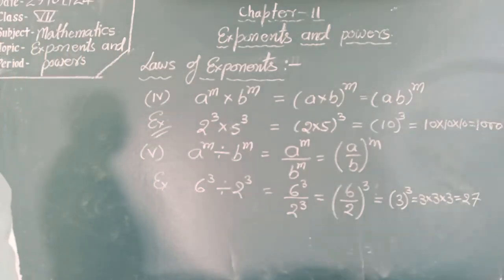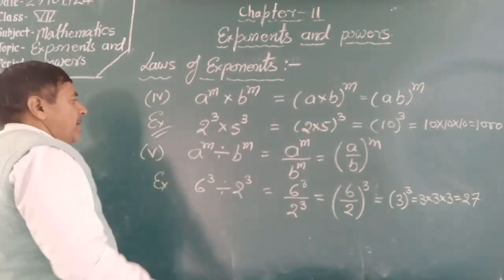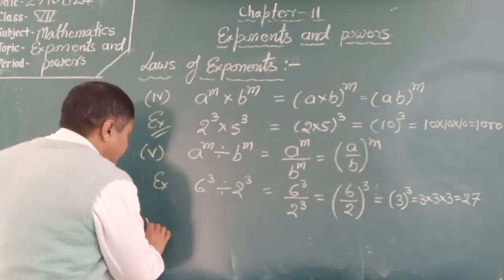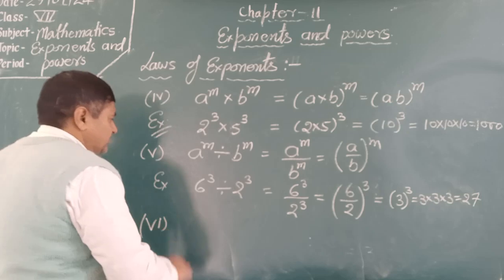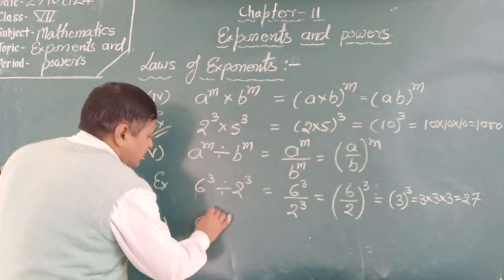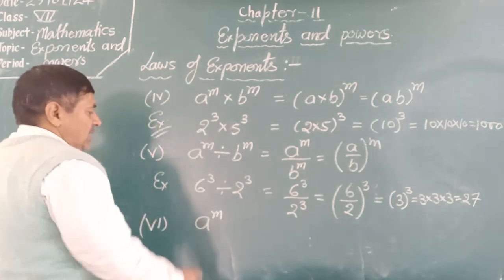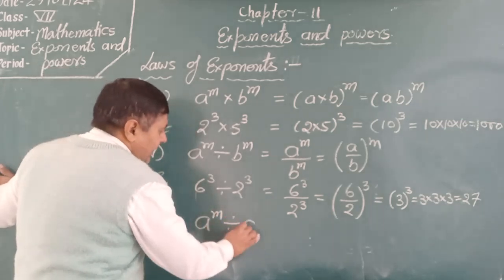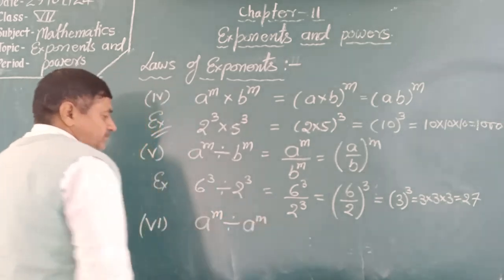Okay, one more example we can write here. Suppose your base and power are the same. a to the power m again divided by a to the power m.